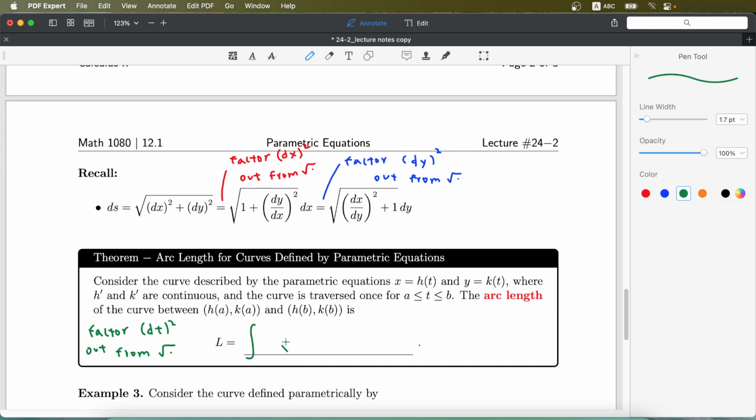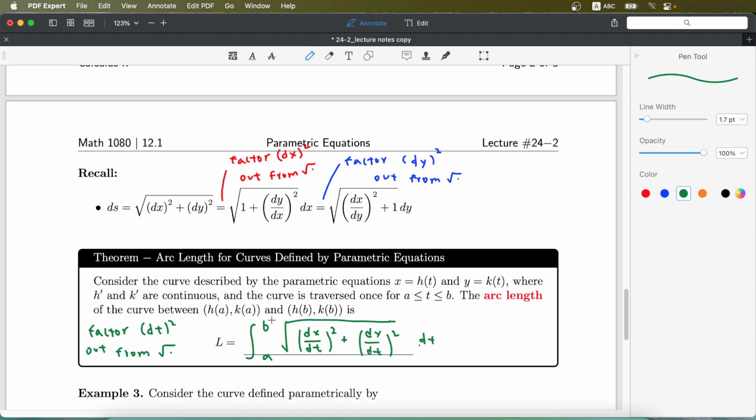So that means right here, you will have square root of dx over dt quantity squared plus dy over dt quantity squared, and then you have a dt outside. And you want to integrate from some a to b. So notice that here t is from a to b.